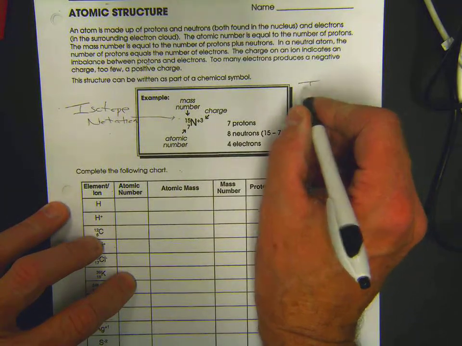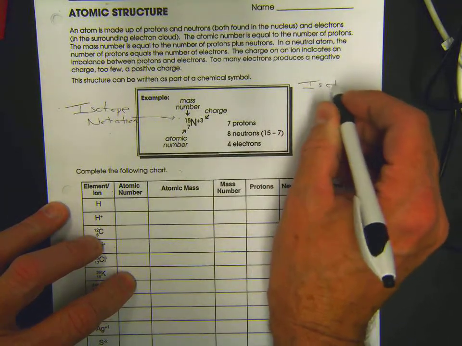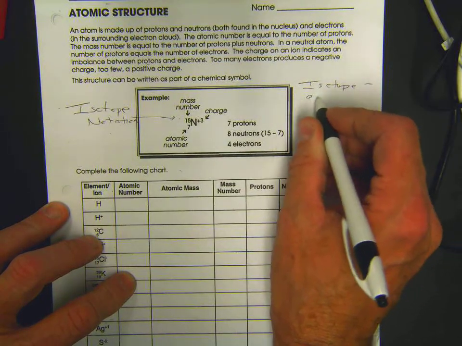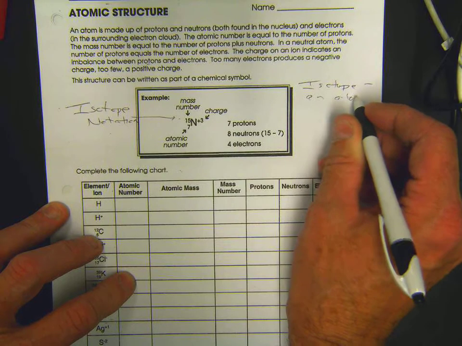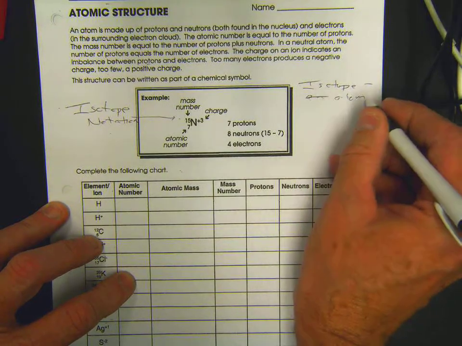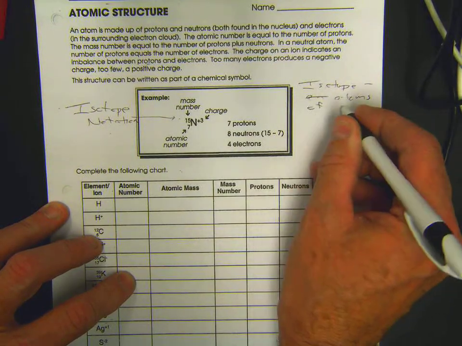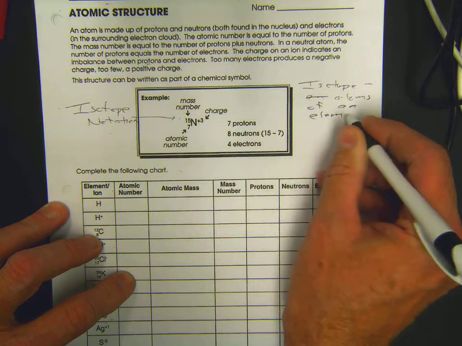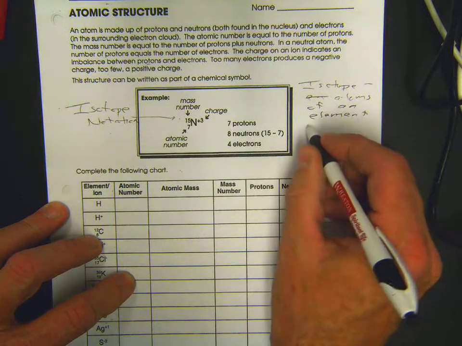So an isotope basically is atoms of an element with different numbers of neutrons.